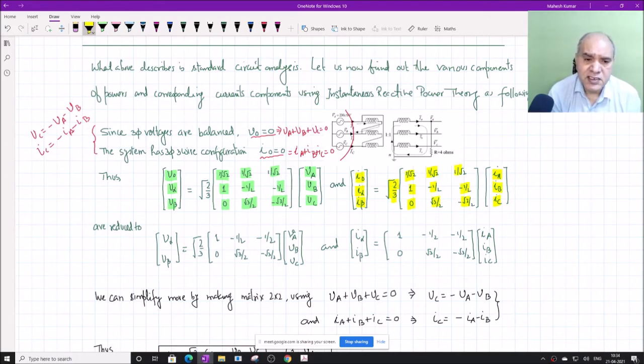But here the thing is that V0 is 0 and I0 is 0. So this is 0 and this is 0, and therefore we can reduce the 3 by 3 system to 2 by 2.